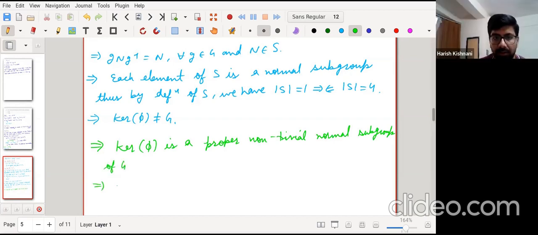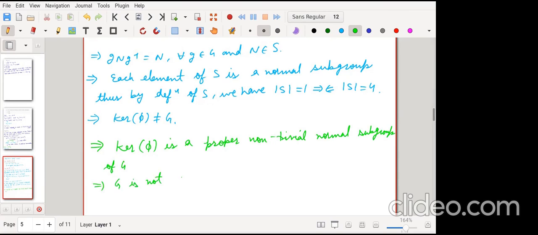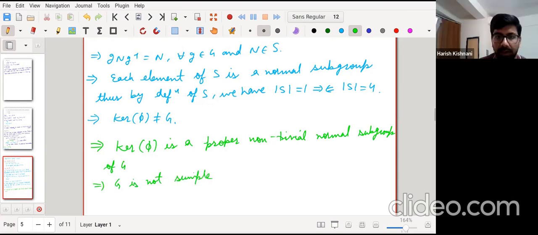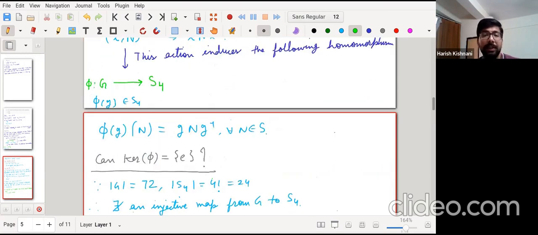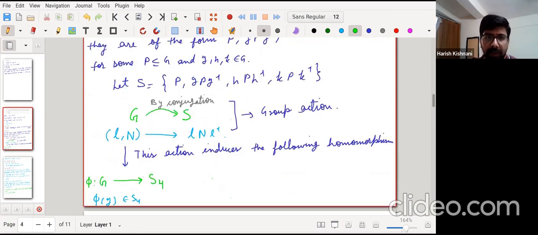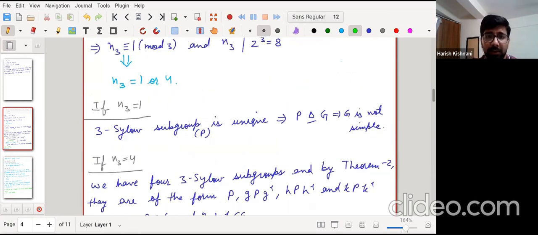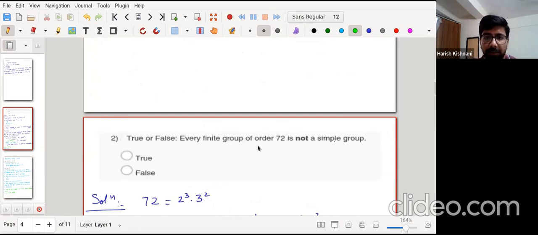G is not simple. So in both the cases, when n3 was 1 and when n3 was 4, we got the same result, that the group is not simple. So what is the answer? Every finite group of order 72 is not a simple group. It's going to be true, right?